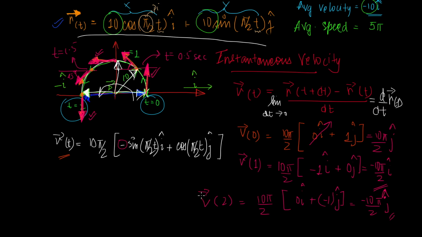That's the instantaneous velocity. That was the instantaneous speed of 5 pi, and that was the average speed, and that was the average velocity of minus 10 i cap. So out of all the three quantities that we evaluated so far, we realized that instantaneous velocity closely matches what's actually happening to the body. It keeps on changing with different time.